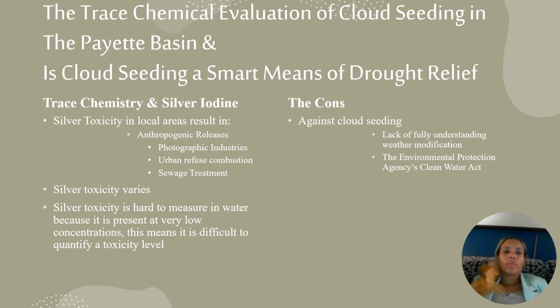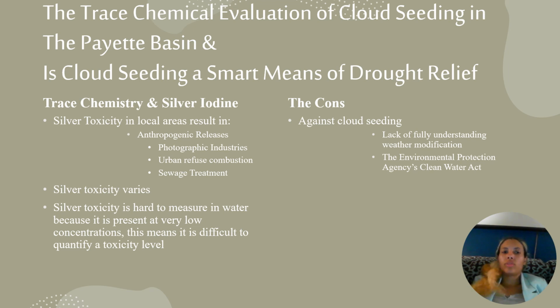So for trace chemistry and silver iodine, the first source talks about silver toxicity in local areas resulting from anthropogenic releases, and this can happen in photographic industries, in areas of urban refuse combustion and sewage treatment. Silver toxicity is hard to measure in water because it is very present in low concentrations. This means it is difficult to quantify a toxicity level.